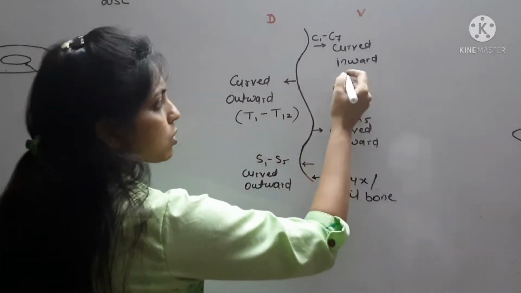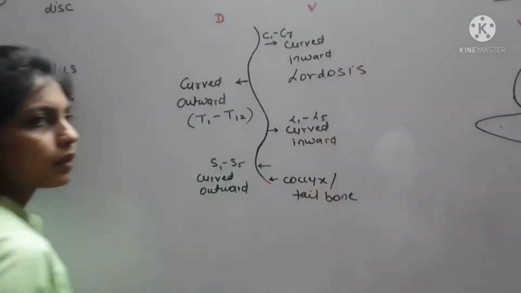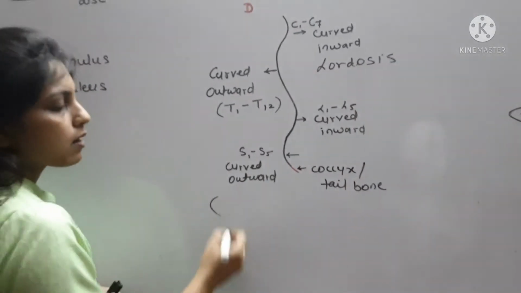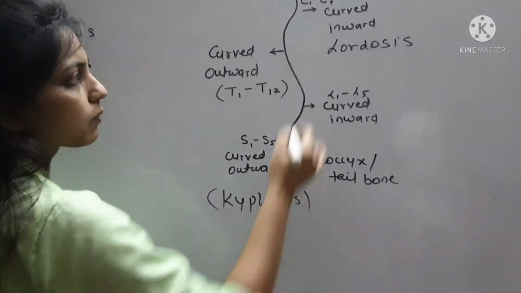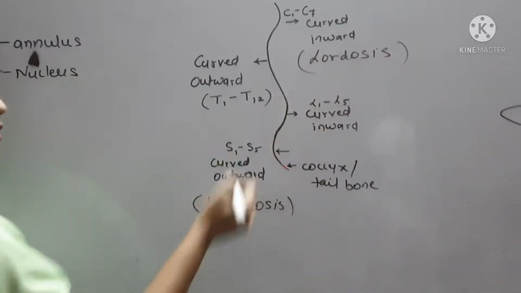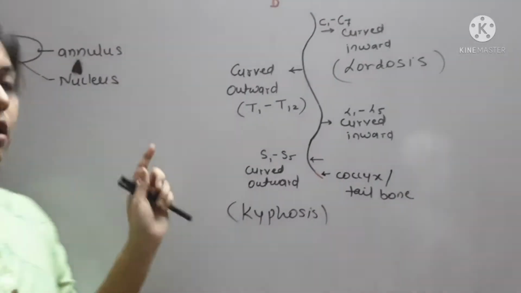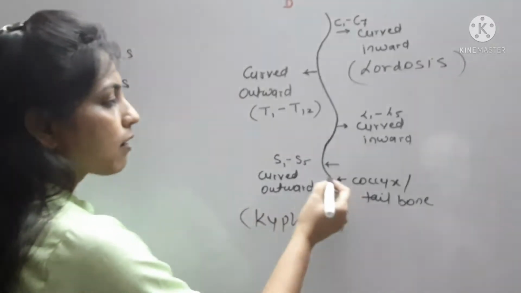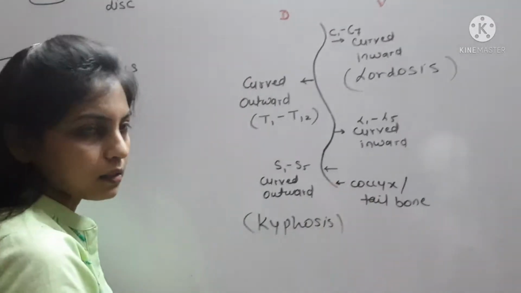The inward curved portion is known as lordosis, and the outward curved part is known as kyphosis. Lordosis is the inward curvature, and kyphosis is the outward curvature. After the sacral bone, there is a tailbone known as the coccyx.